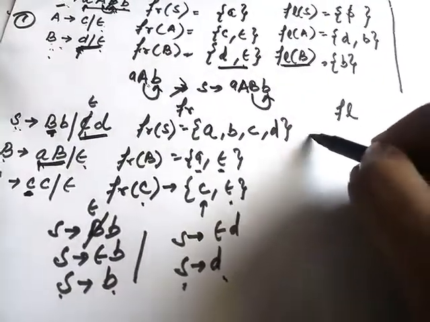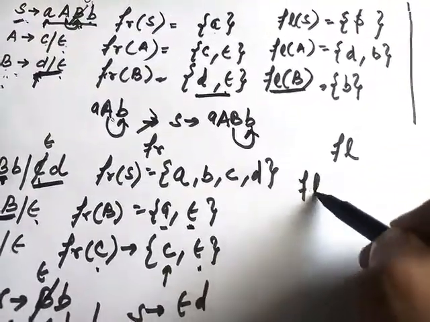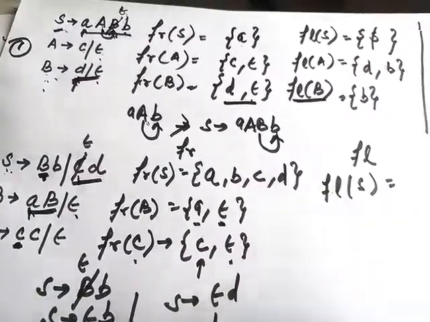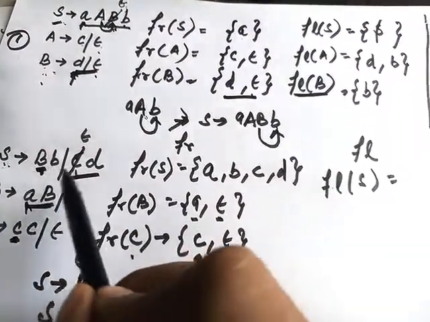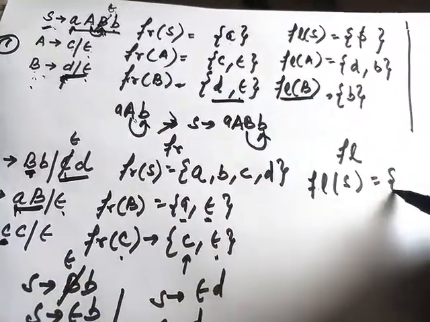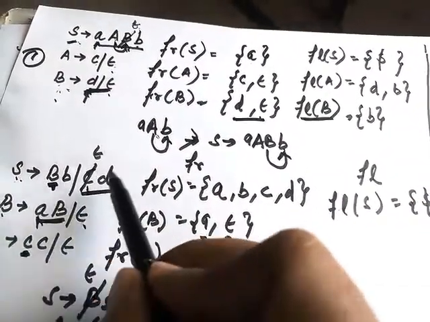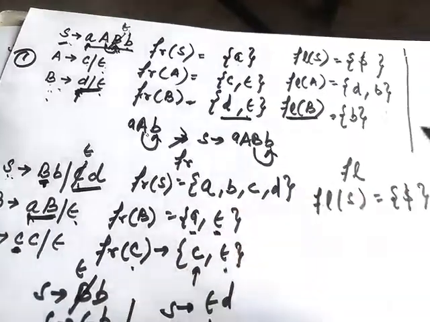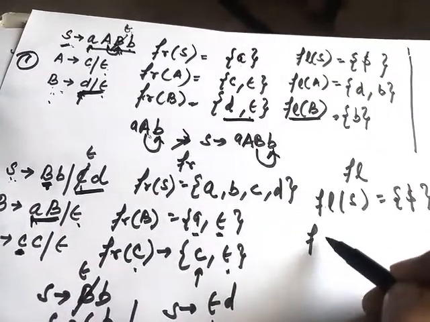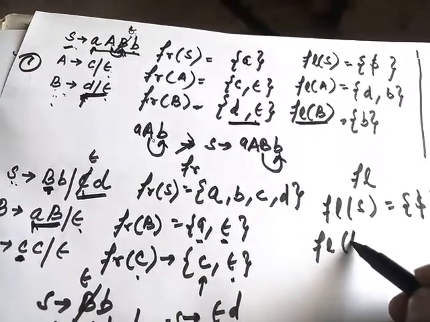Now we will see how to calculate follow of S. Since S is a starting symbol, follow of S is dollar. And as you can see, S does not appear on the right hand side of any production, so this is the answer. What is follow of B?